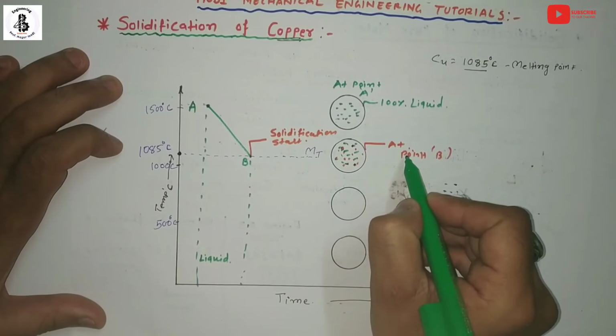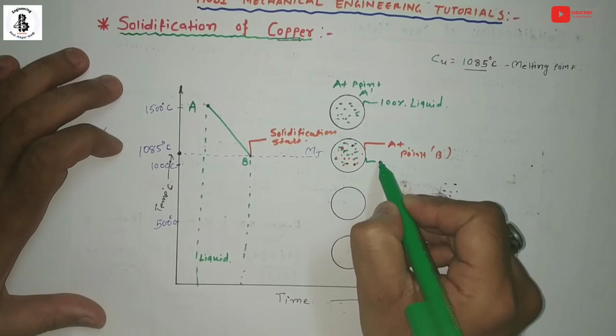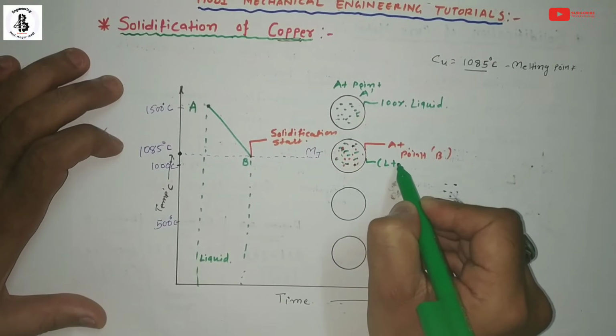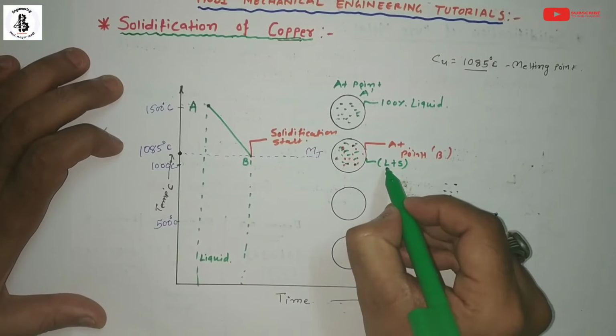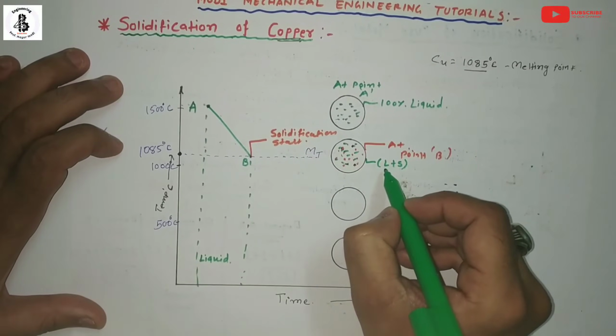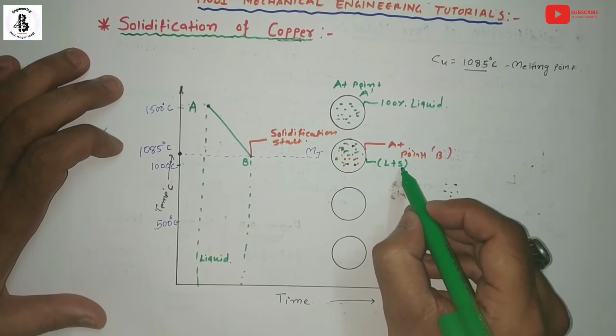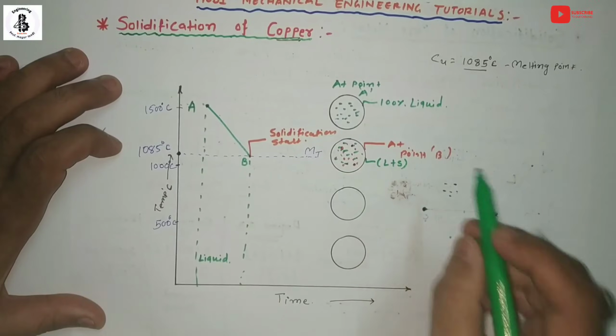So at point B there are two phases, liquid plus solid. The liquid is copper, and the solid is also copper.